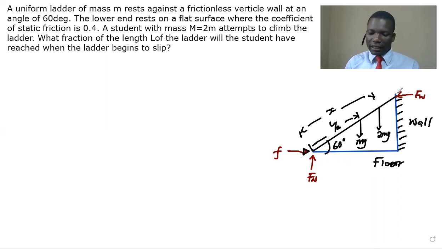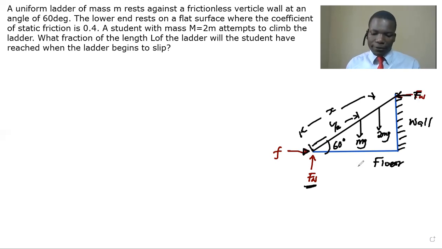Then at this point in the vertical we also have a normal force. This is the normal force at the floor, the force that the floor is exerting on the ladder, and this is the normal force that the wall is exerting on the ladder as well.